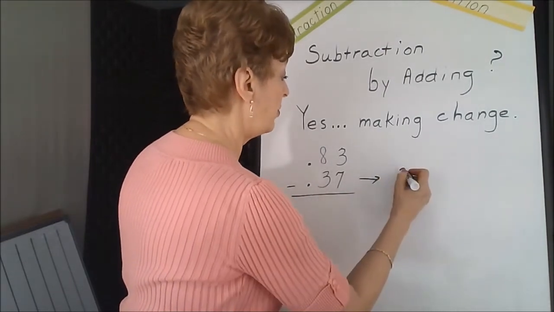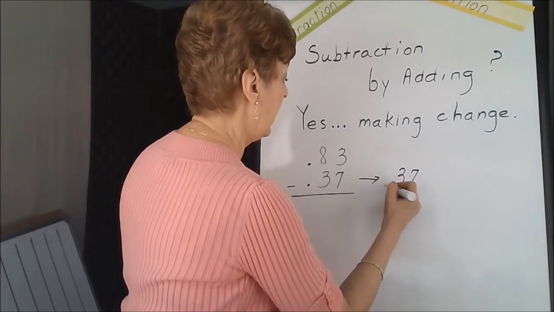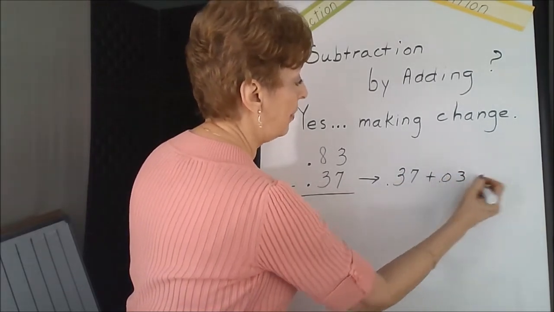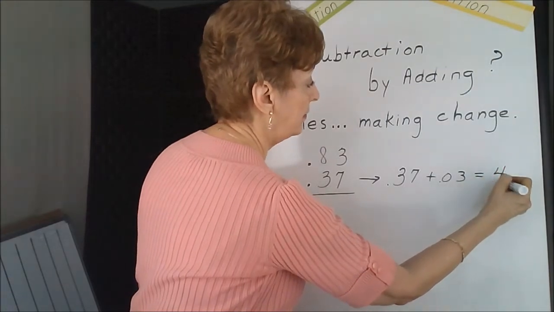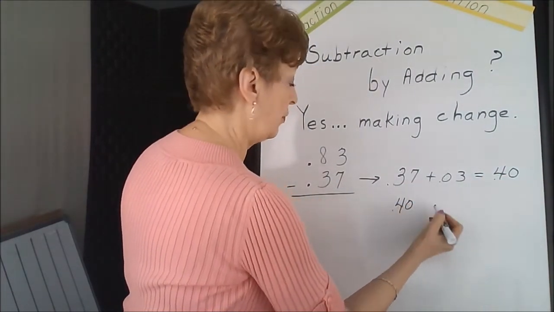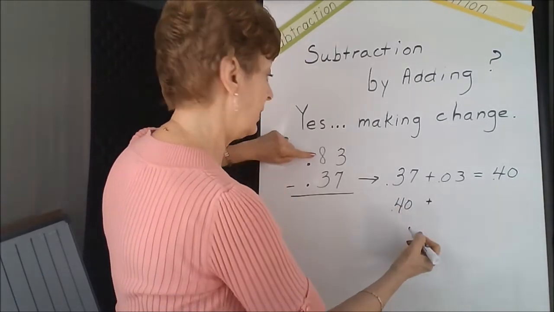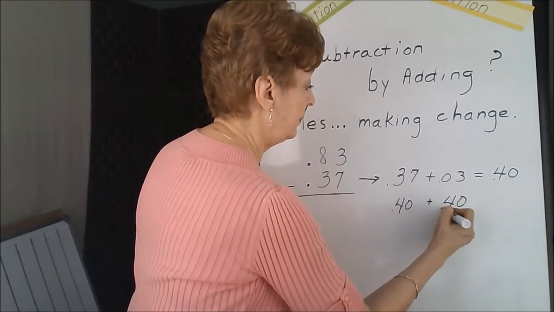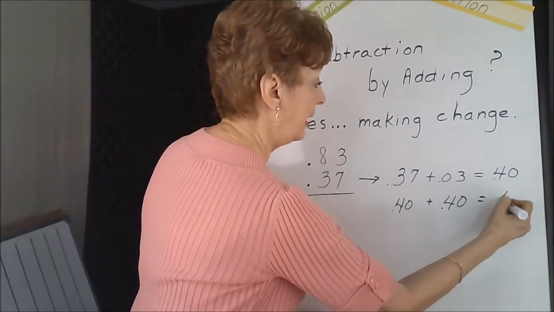Well, you could take your 37 cents, and if you added 3 cents to it, that would bring you to 40. If you took your 40 cents and added another 40 cents to it, you would now have 80 cents.